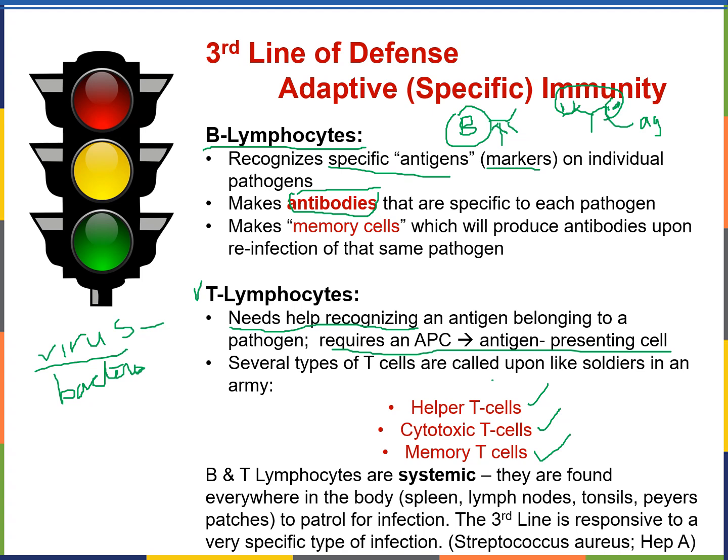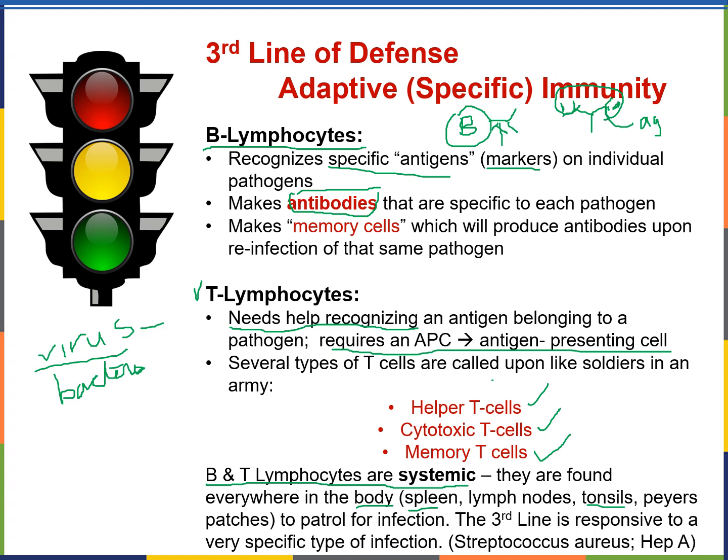So the response in an adaptive immune response, the lymphocytes are systemic. They are found basically in blood. They can be found in lymph because remember, white blood cells can migrate in and out of body fluids basically. So they can be found in the spleen, lymph nodes, tonsils, which are patches of lymphatic tissue found around the openings for the oral cavity, so at the back of the throat, and also the nasal cavity.